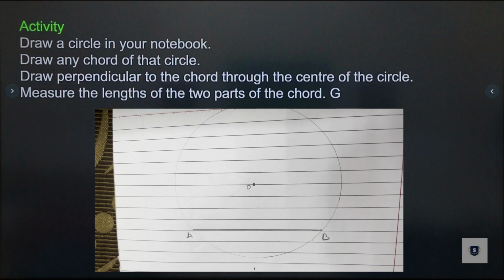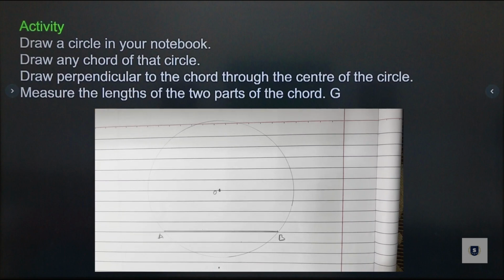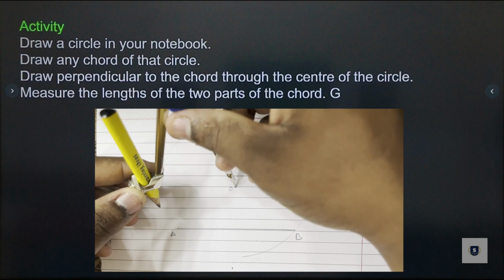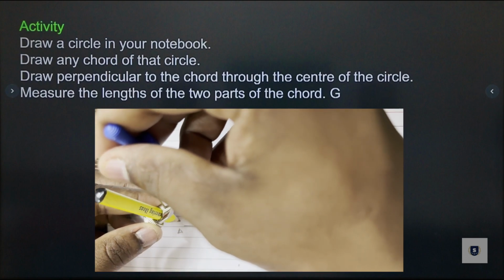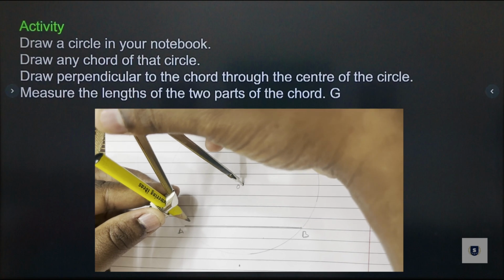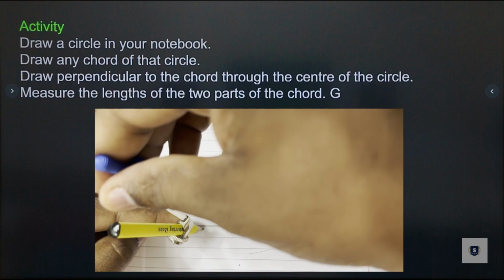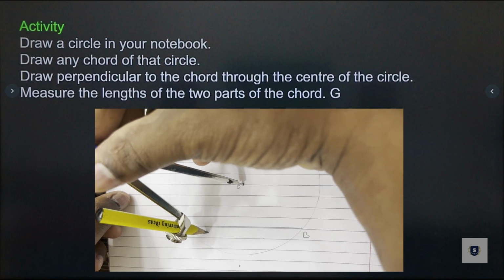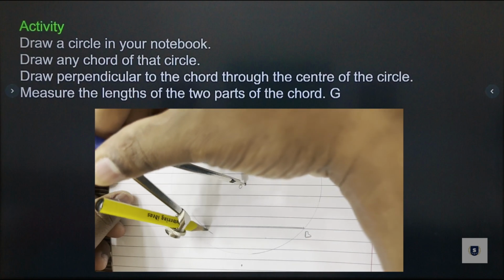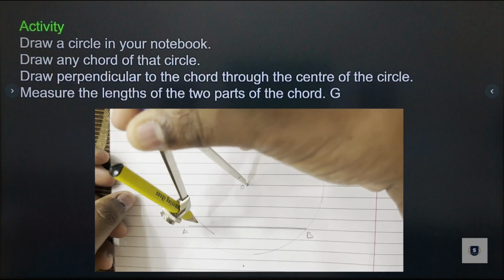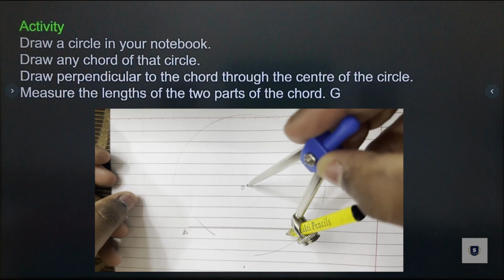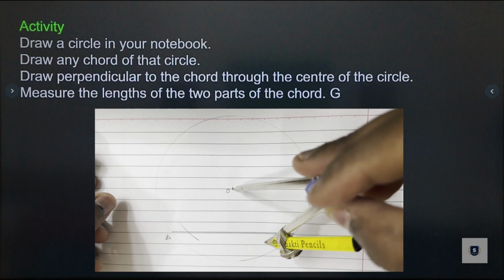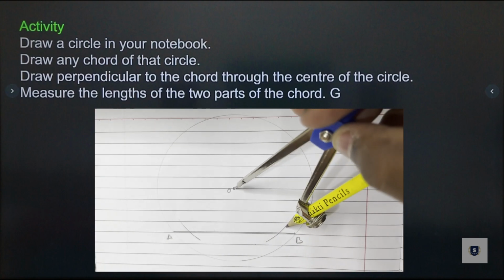Now from point O, children, we want to draw a perpendicular line. So when I want to draw a perpendicular line from point O, I'll give one arc here towards A and one arc towards B, because I want my perpendicular line to pass through the center and O is the center.